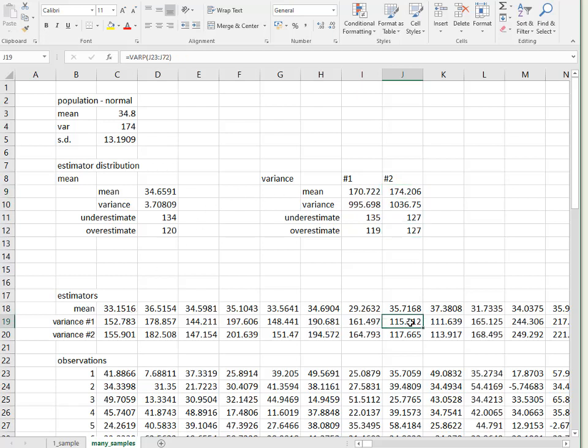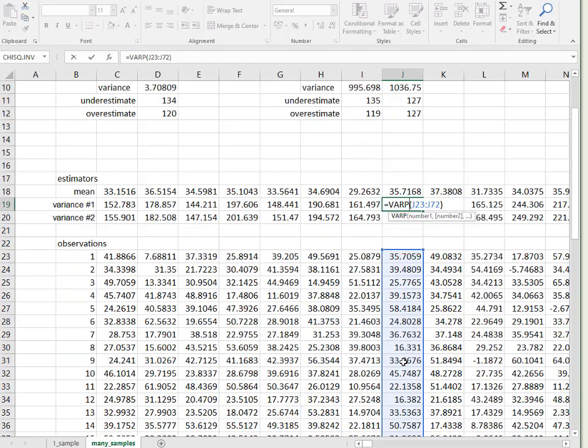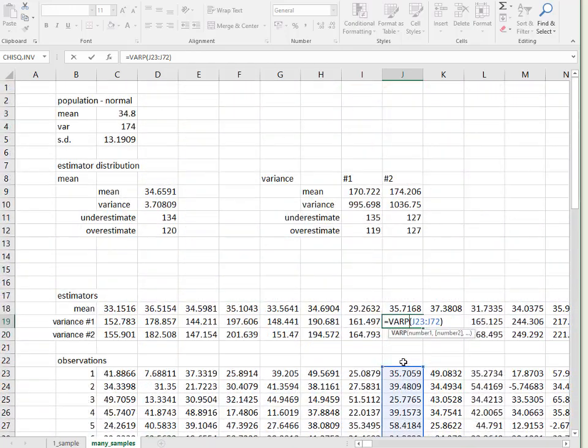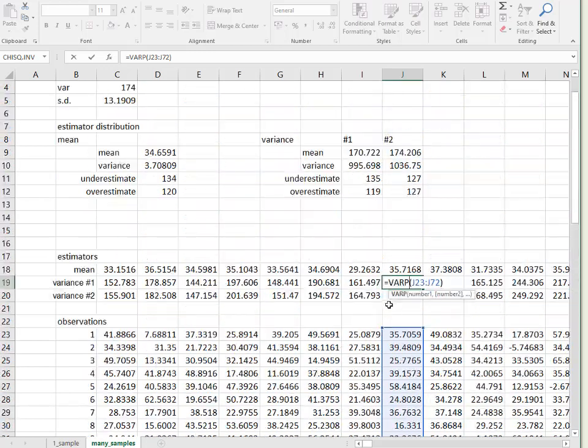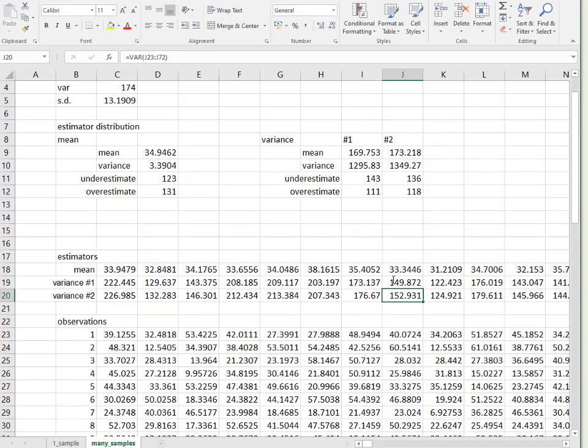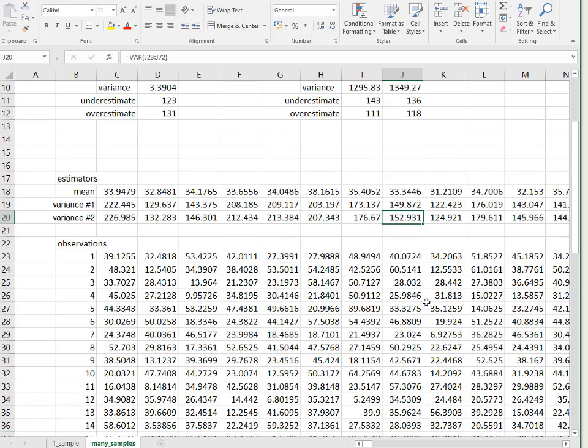And here, this one is written as var p. It's called the population variance. So this is dividing by 50, assuming that all I want to do is describe the spread of these numbers. So these are all the numbers I'm interested in. I use that. But much more common is that these numbers are taken as a sample from a larger population.